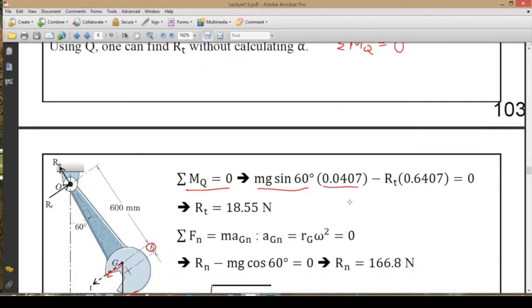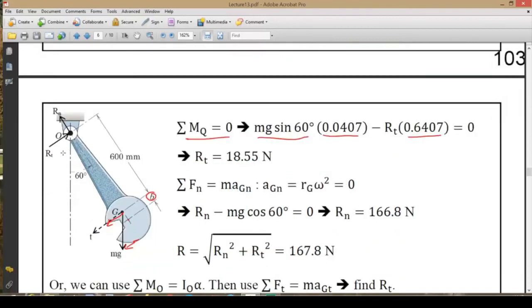That's our distance to the center of percussion. Then from RT to Q, the distance is 0.6 plus 0.0407. And we have a negative sign due to the selection of our direction.